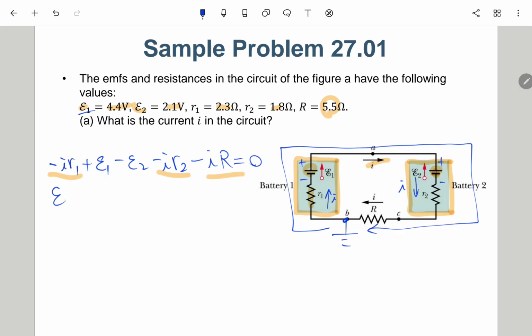So we have E1 minus E2 equal to I times (R1 plus R2 plus R), where we factor out the common factor I. Finally we have I equals (E1 minus E2) over (R1 plus R2 plus R).